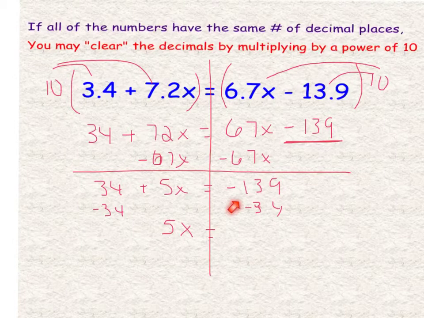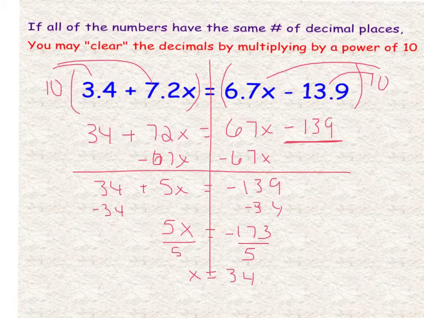So that would be negative 173. We're going to divide both sides by 5 to come up with x equals negative 34.6, just like we did before. Just this time we cleared the decimals. So the only new thing really is that you have decimals. Solving it is the exact same way.